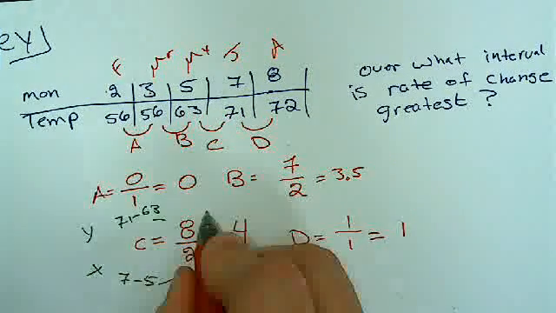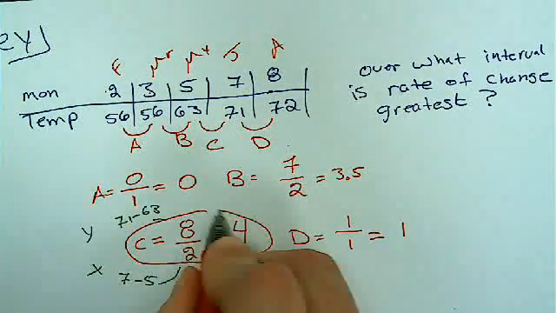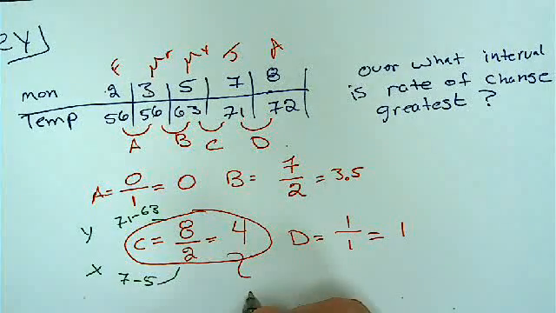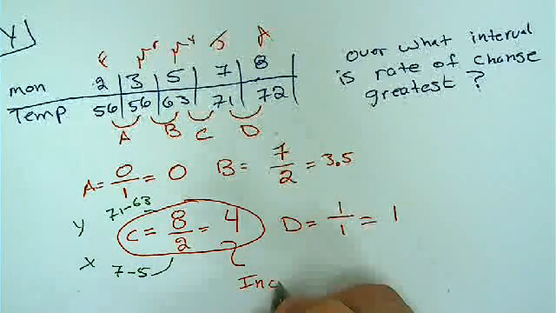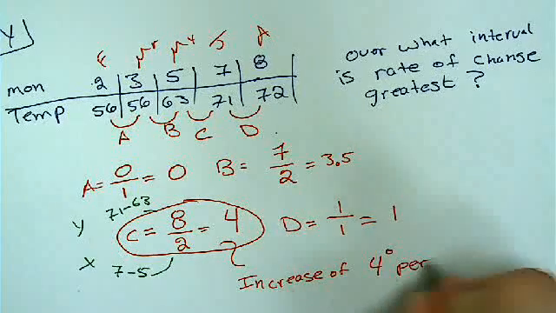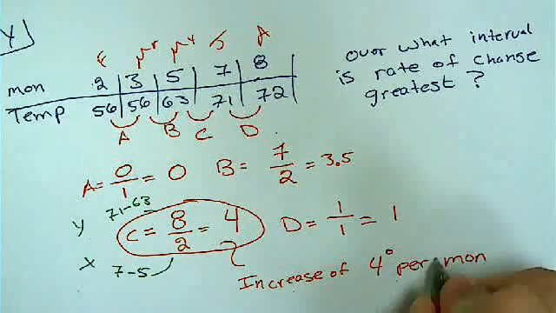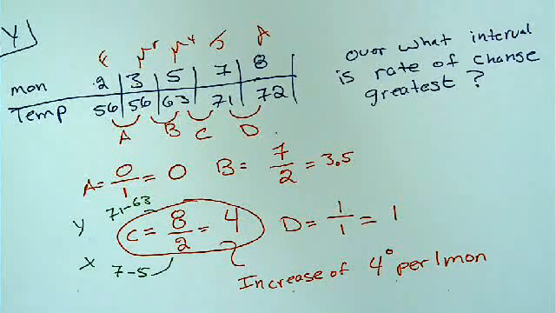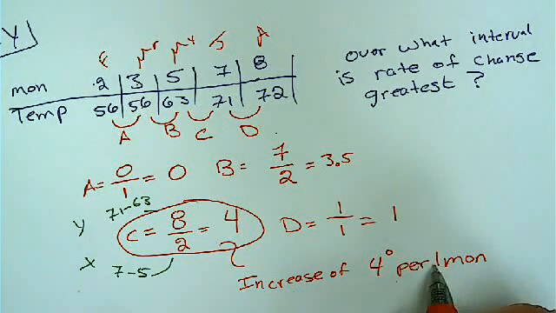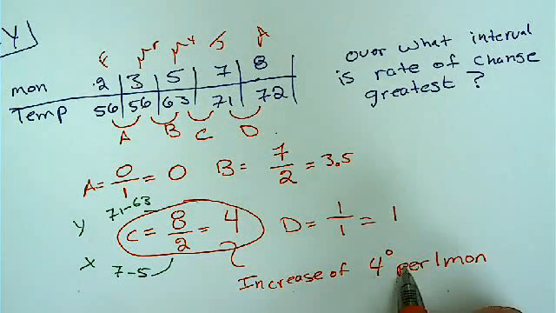C. This gets explained as an increase of 4 degrees per month. That's what we're talking about. That's the rate of change in that interval. It has a slope of 4 over 1. So a rate of change of 4 degrees per 1 month.